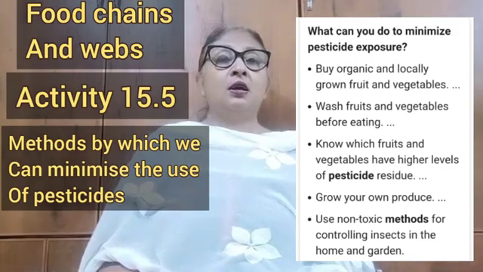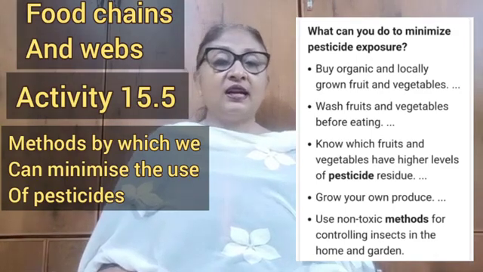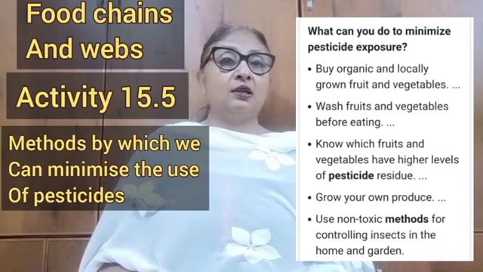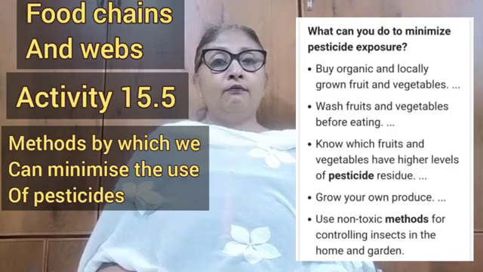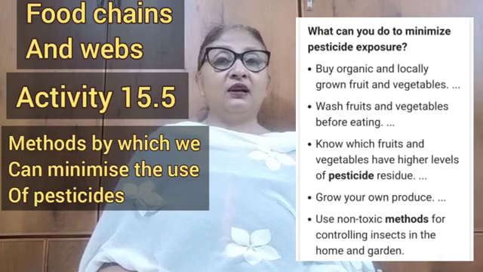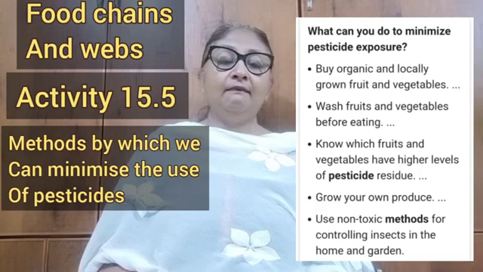Fourth is to have one's own kitchen garden. And the fifth is to use non-toxic methods to control insects and pests. If we follow these small steps, we can curtail the alarming phenomenon of biological magnification. Thus, we can protect ourselves from deadly diseases like cancer and various types of allergy.